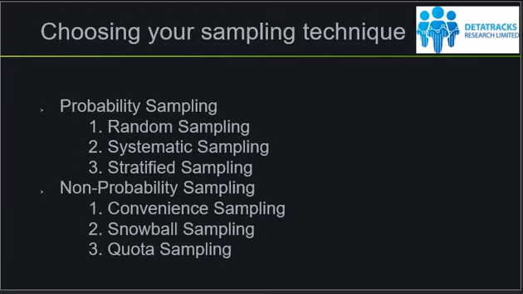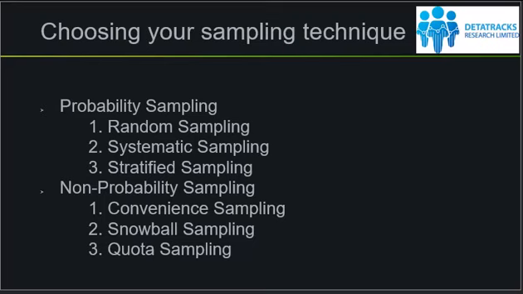So, choosing your sampling technique, we have two sampling techniques. That is the probability sampling techniques and also the non-probability sampling techniques. For the probability sampling techniques, each person in the population has a defined non-zero probability of being included in the sample.